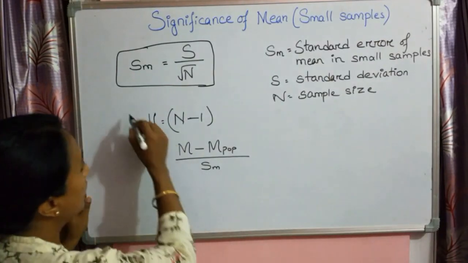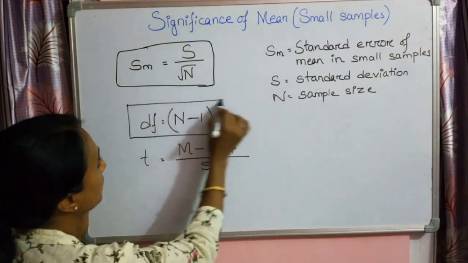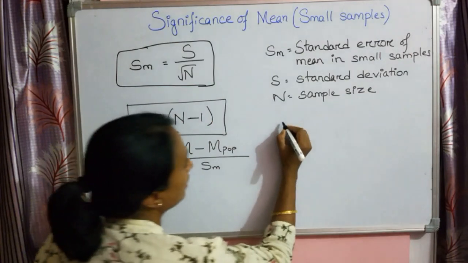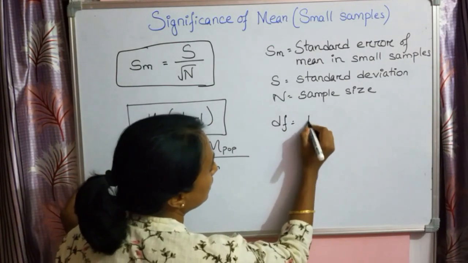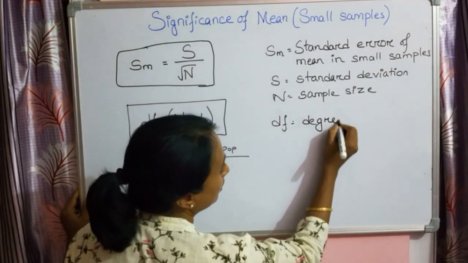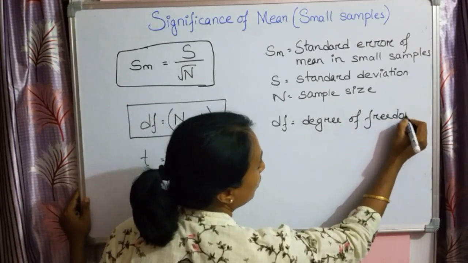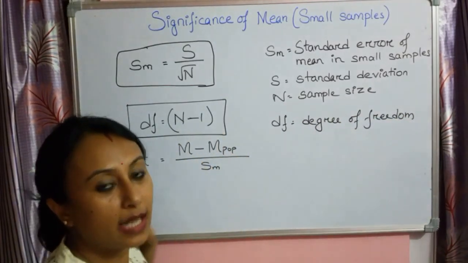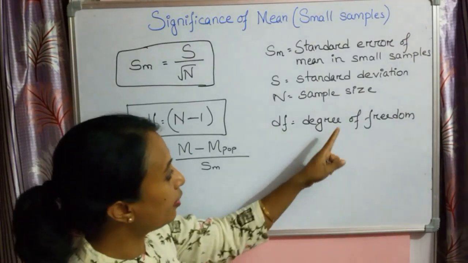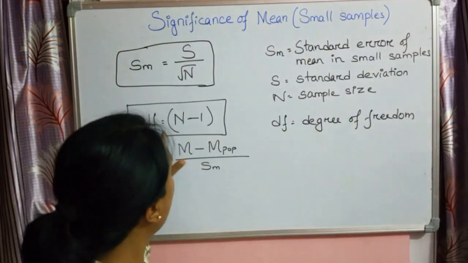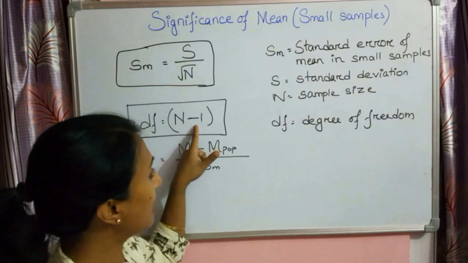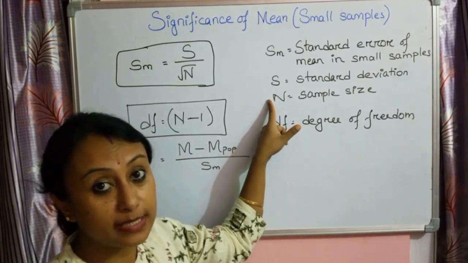Then another formula which we will need is DF, degree of freedom. This you already know from our last class. Degree of freedom is equal to n minus 1, where n is the sample size.